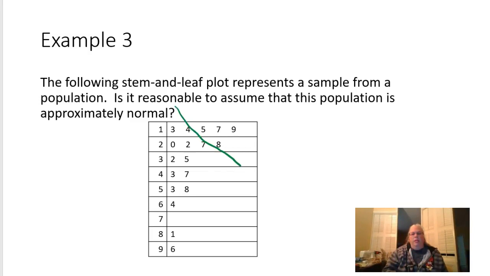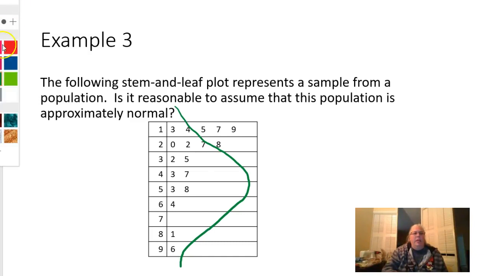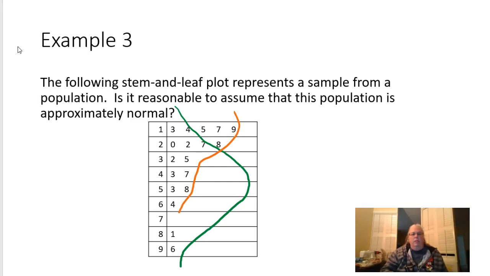If the data were normal, we would expect it to be doing something along this line. And what we can see based on this stem and leaf plot is that my curve actually does something like this. And so this time we would say definitely not. Don't treat this sample as a normal population.